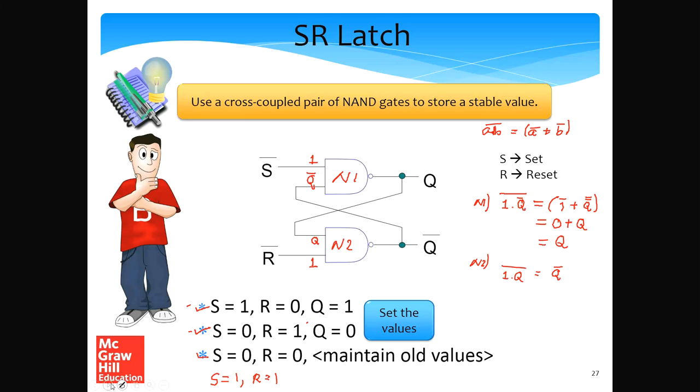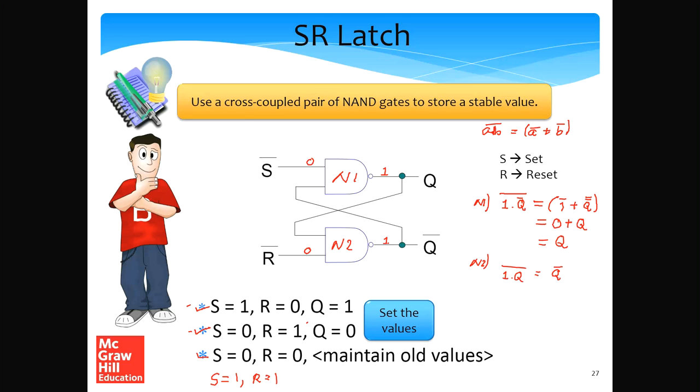Well, let's take a look at this. This is somewhat a tricky case, and this is a typical question that is asked in exams. So if we set S as 1 and R as 1, S complement will be equal to 0 and R complement will be equal to 0. So when 0 is one of the inputs of the NAND gate, the output is equal to 1.